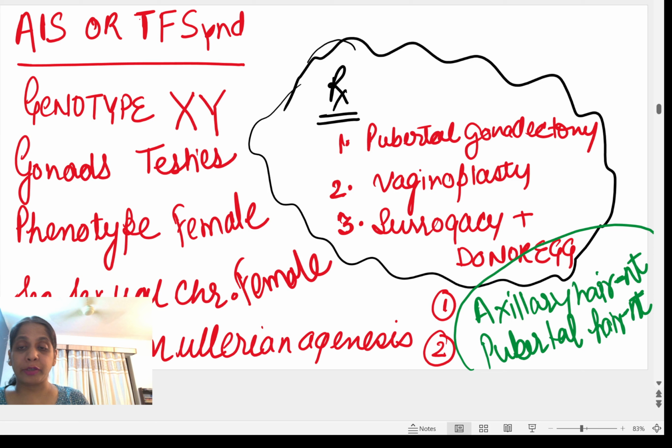We will also do vaginoplasty, because now this XY genotype androgen insensitivity syndrome patient will live the life of a female, so that her partner can have intercourse. That vaginoplasty is done just before or just after marriage. And how can they conceive? They don't have ovaries, so they will need a donor egg and surrogacy. This is how they can get their child.